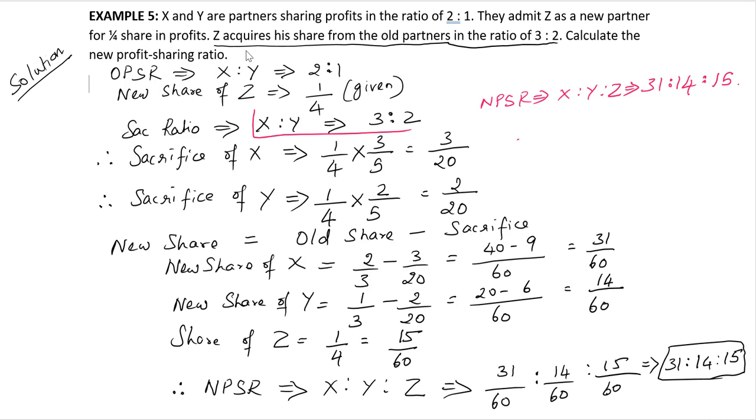And as said earlier, the sacrifice ratio between X and Y is equal to 3 is to 2. Let's go to the next problem.